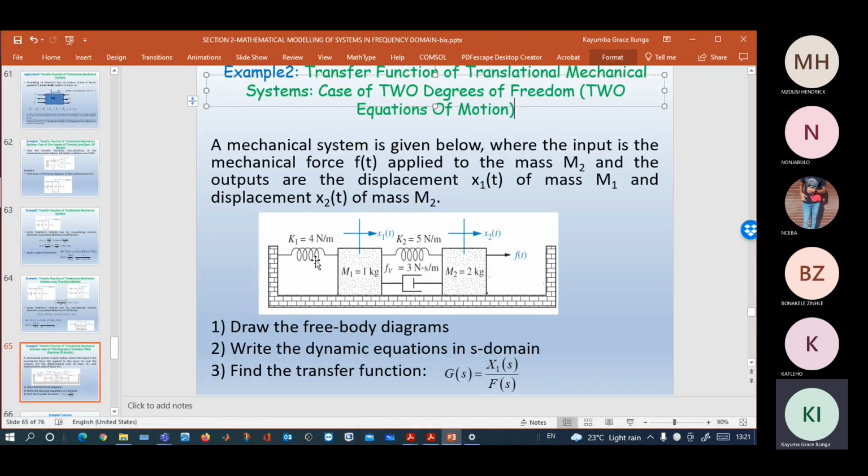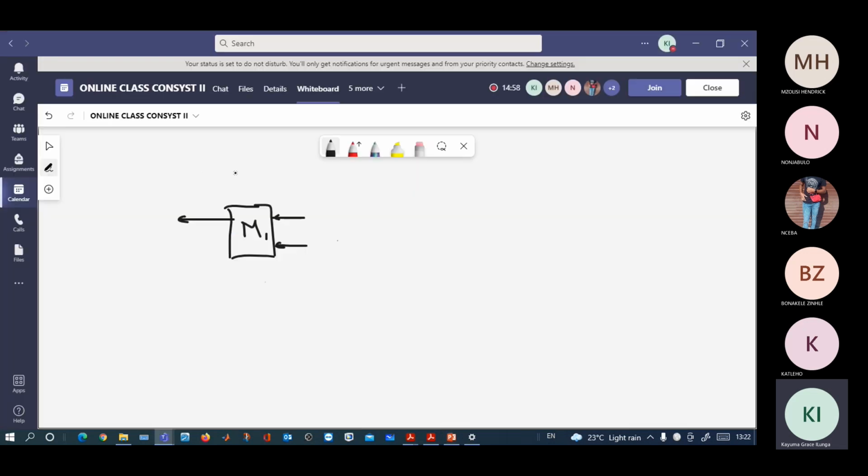Let's go back. When we take this one, it is a spring. We already know how to write the force of the spring. First of all, I want to write them just using K1, K2. We will replace the values later. So let's now see. This is the motion direction, which is x1(t).